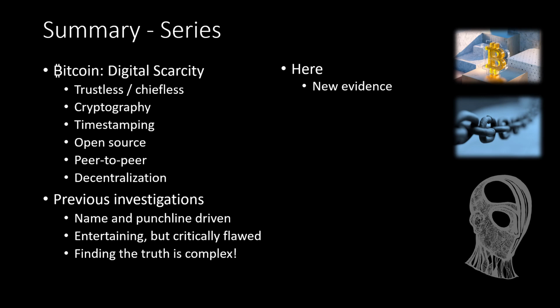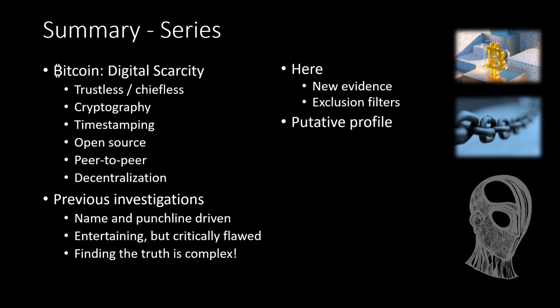So what we did here is we provided new evidence and combined it with existing evidence. We developed exclusion filters to essentially come down and show that there are not so many possible Satoshi Nakamoto candidates that would be around on this planet.